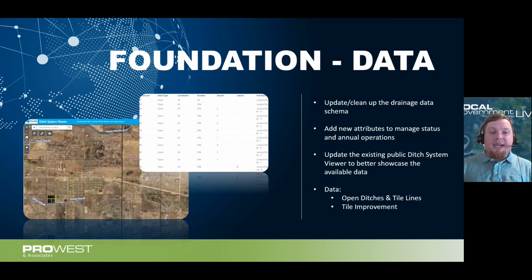So it's very key, if you're going to improve the system, to start with that good base. And so we start with those open ditches and tile lines, and we also improved the tile improvement layer, which is a layer that Renville County uses to track new tile lines or to update existing ones to better match what's on the ground on the system.